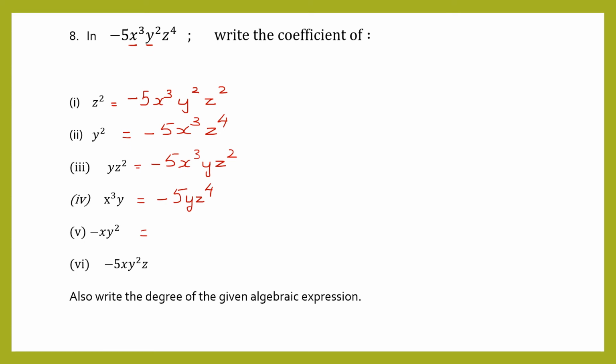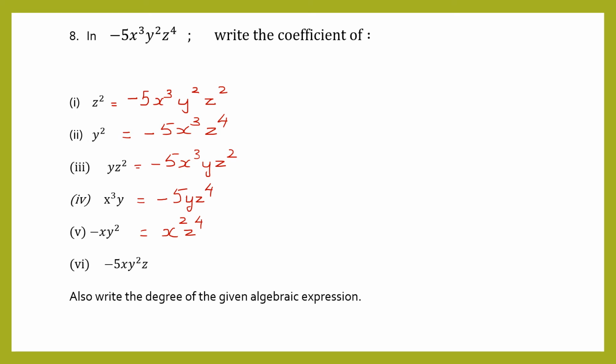Let's go on to the next one. Minus x y square. So I'm going to remove minus. I'm going to take off 1x and I'm going to remove the whole of y. So I've removed minus and I've removed 1x. So that becomes x square, and the whole of y is removed. z to the power of 4.